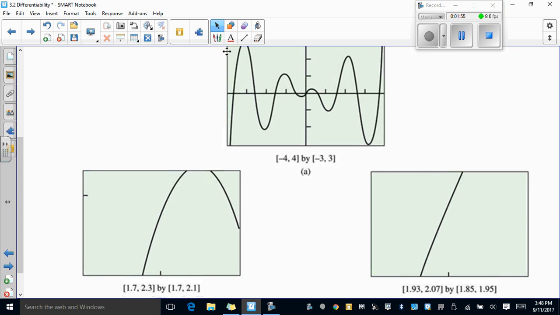I can go in here and get my lines and draw a line, and you can see that that is almost a perfectly straight line. Let me get rid of the pen. You can see that this is almost a perfectly straight line, where over here there's still quite a bit of a curve going on.